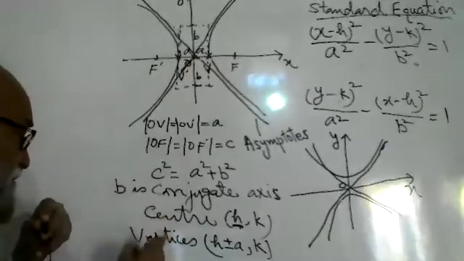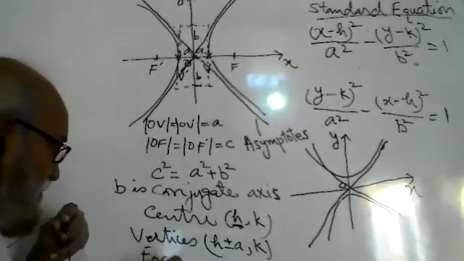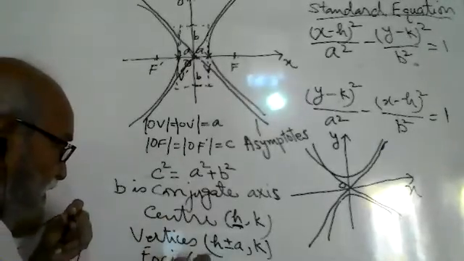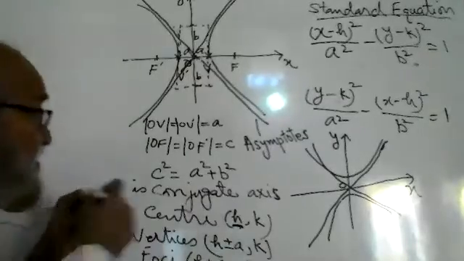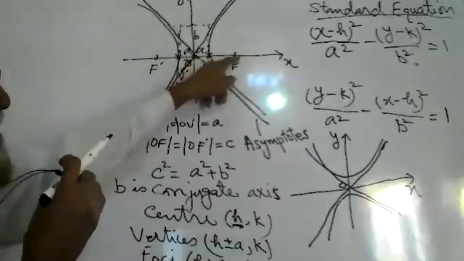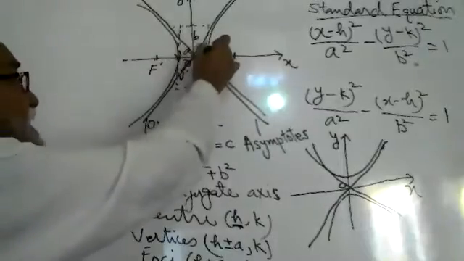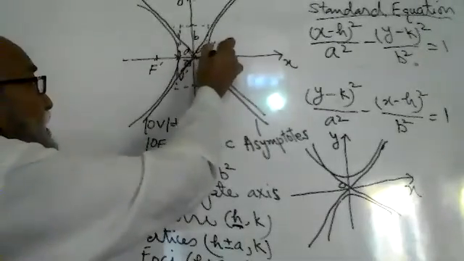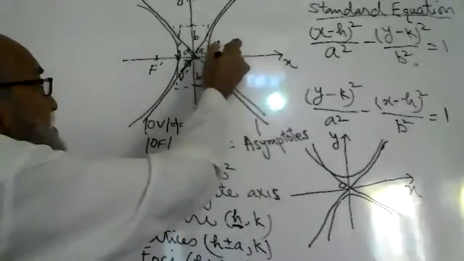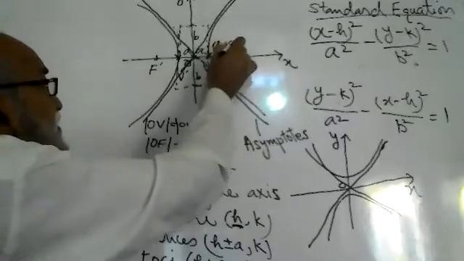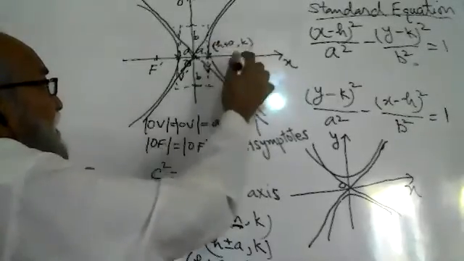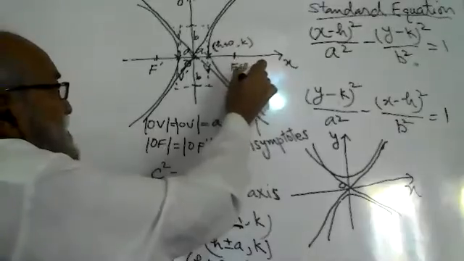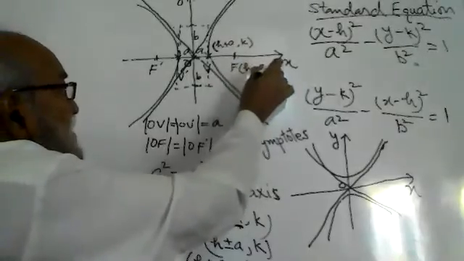And the foci, h plus minus c comma k. This vertex will be h plus a comma k, and this focus will be h plus c comma k.